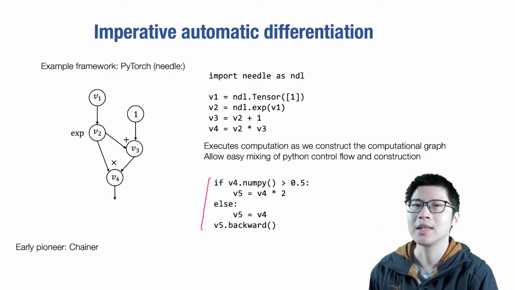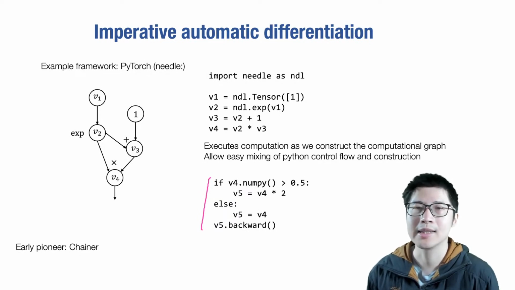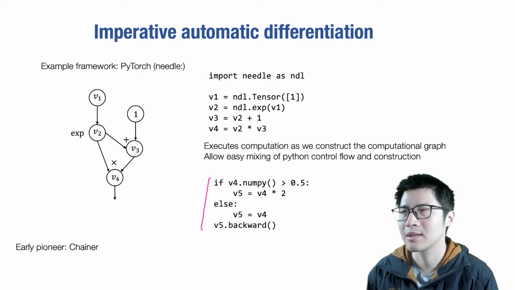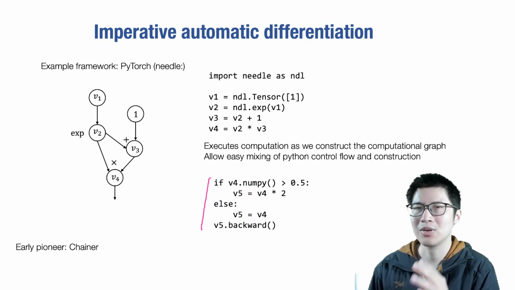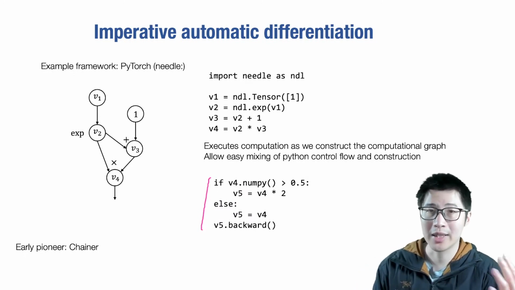For example, there are advanced models like this model called stochastic depth, where in each of the iterations, we randomly flip a coin and construct neural networks of different depths.